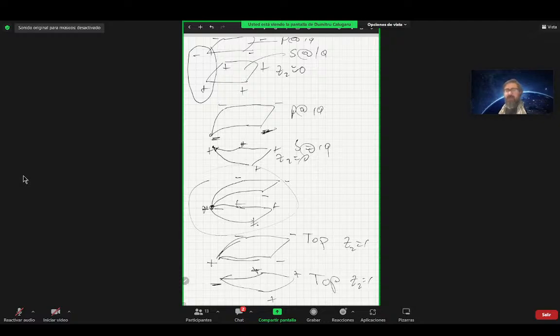If they close the gap, I can reopen it and go to another topological index. Basically, the only way I can switch between topological indices is through a gap closing transition. But the universal property is retained unless the gap closes. Does that make sense? Thank you.